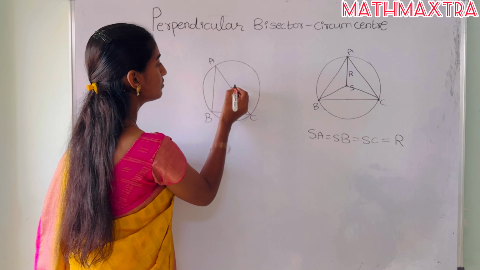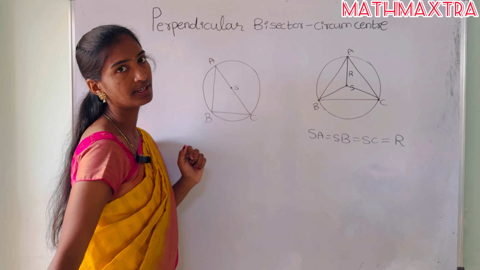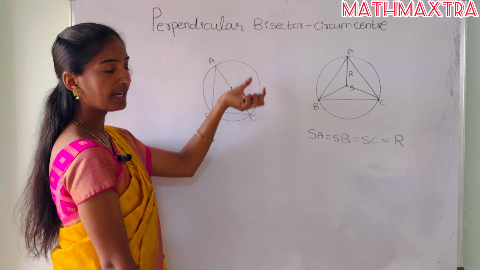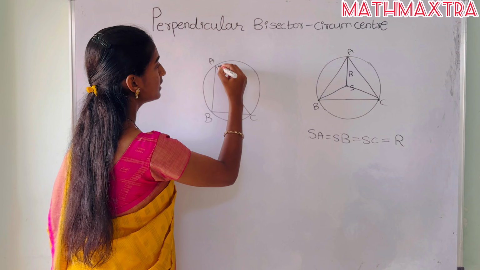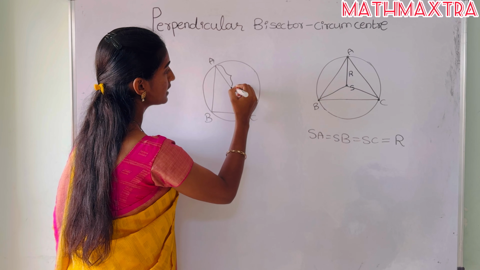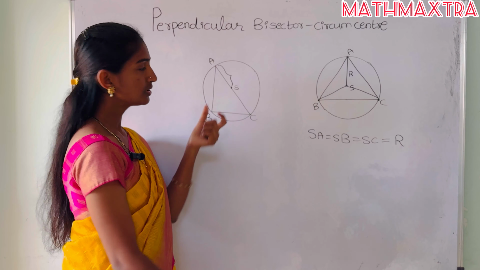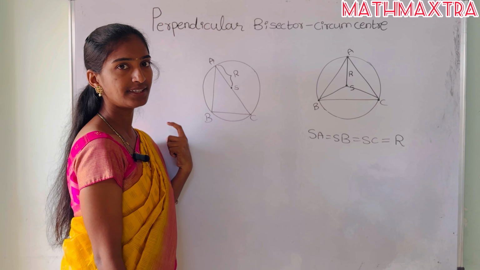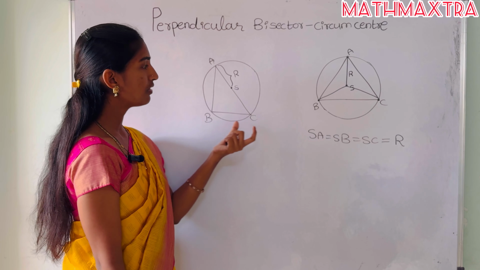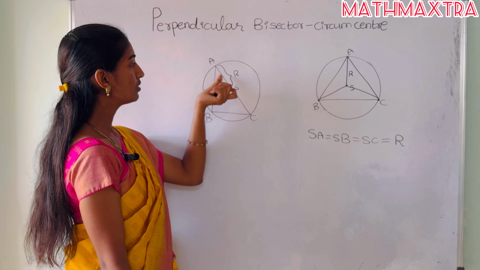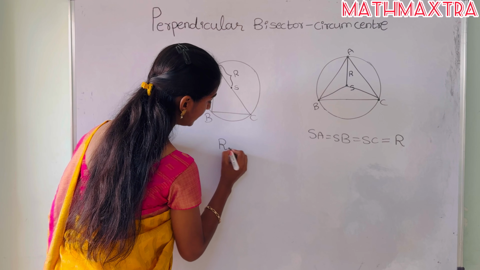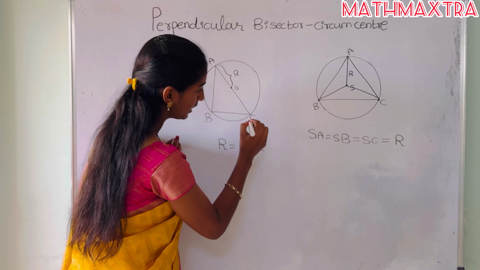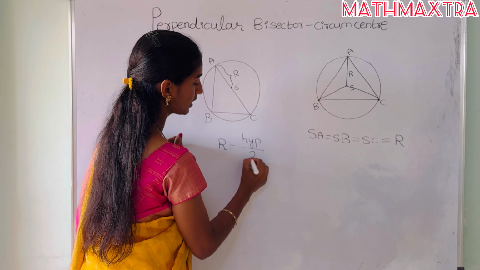So what is the circumradius of this? It is the distance from the center to the vertex, isn't it? So in the case of a right angle triangle, the circumradius is always the hypotenuse divided by 2.